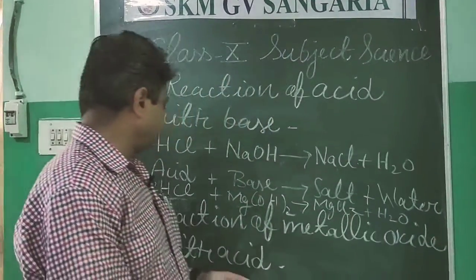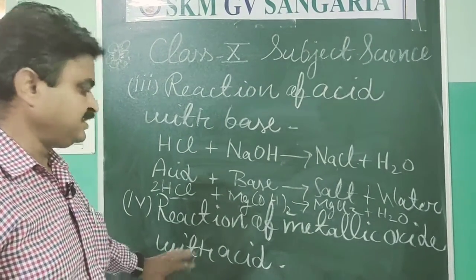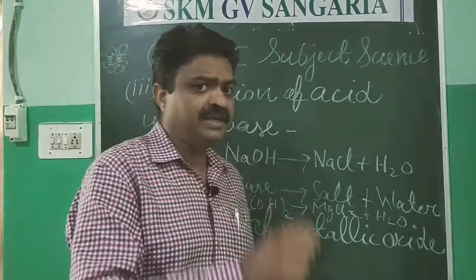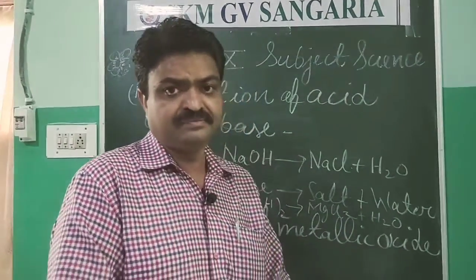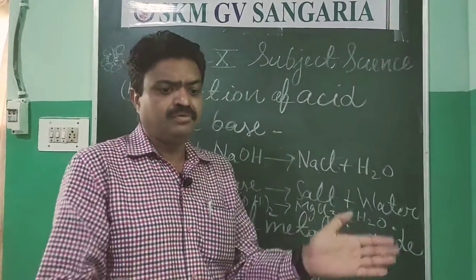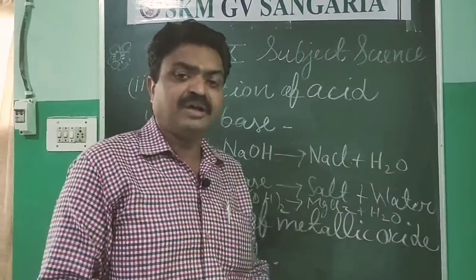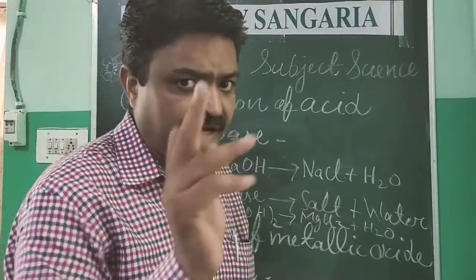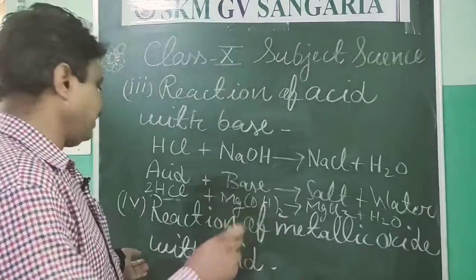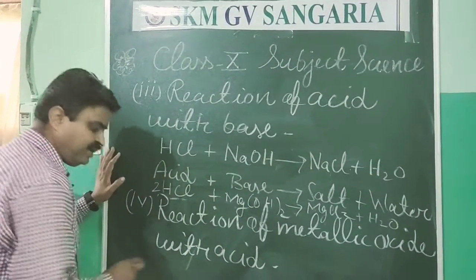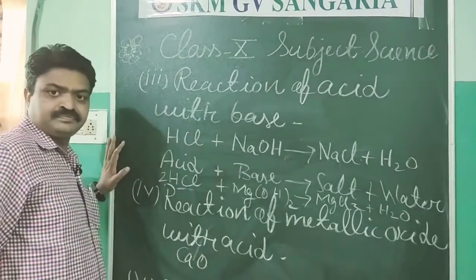Now we come to the reaction of metallic oxide with acid. Like there is one metallic oxide that is generally used to do the trekking or to decorate the grounds, and that particular chemical is known as quicklime, student, and that quicklime formula is CaO.